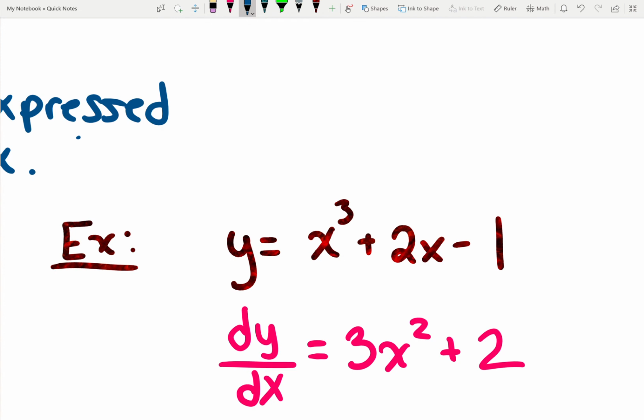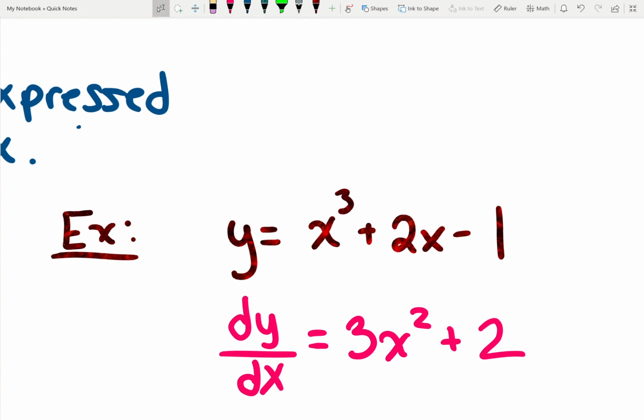So what we're going to do now is also take the derivative of this guy. And you guys know how to do the power rule by now. Just drop this down, take 1 away from it, you'll get 3x squared. And then same thing here, power rule again, you'll get 2. So the derivative of the above function is 3x squared plus 2.